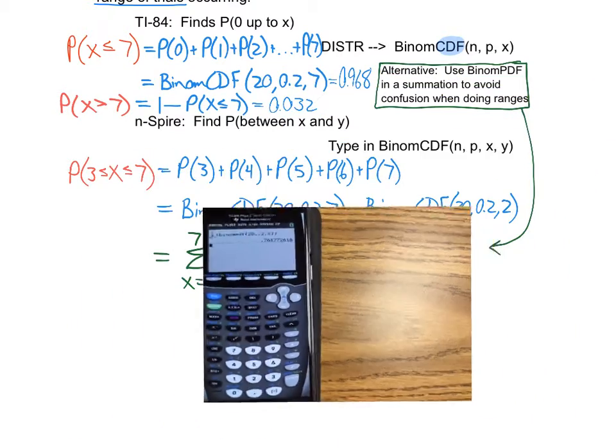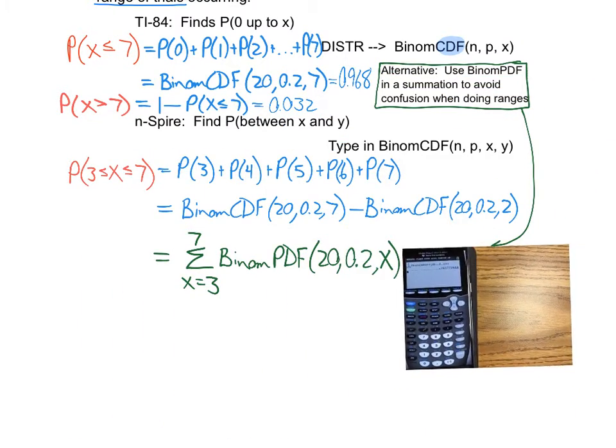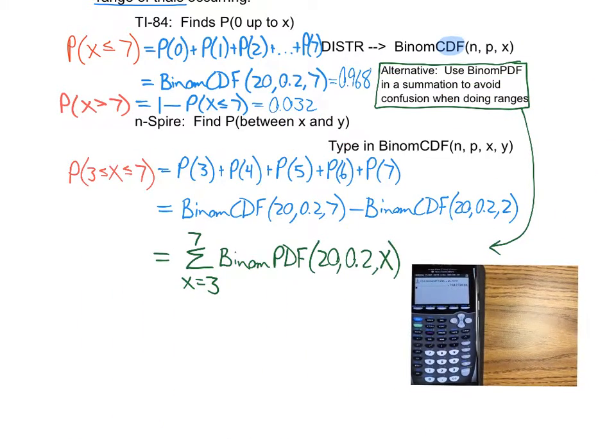So the other way would be subtracting the two CDFs, and this one is the summation of the PDF. Correct. You've got to think of the subtraction method like this: you've got 0, 1, 2, 3, 4, 5, 6, 7, and so on.